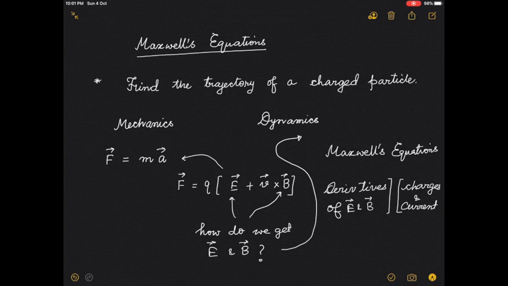And you will agree that both charge and current will essentially come from the trajectory of all the charged particles that are there in the universe.